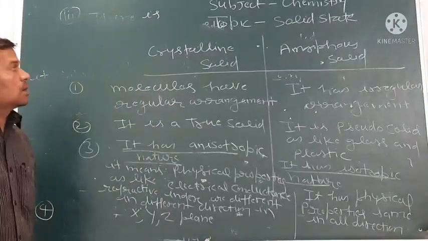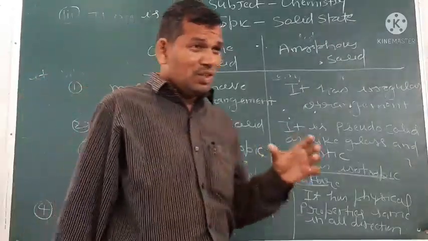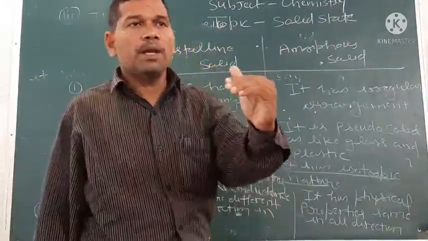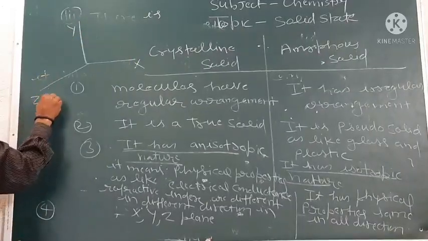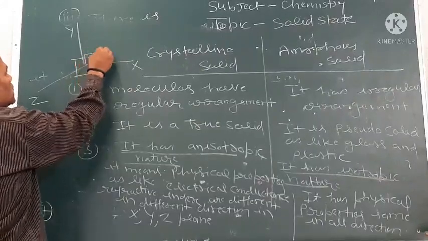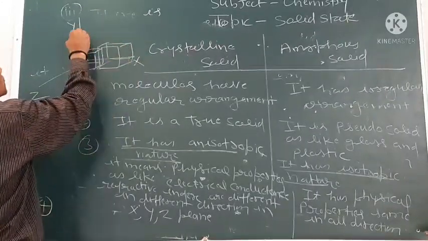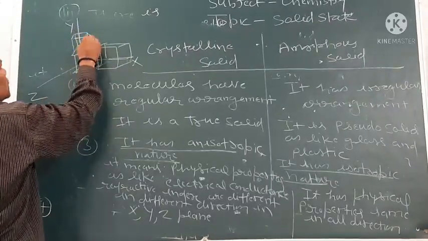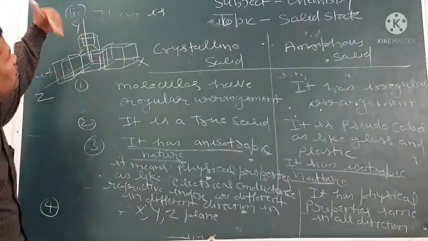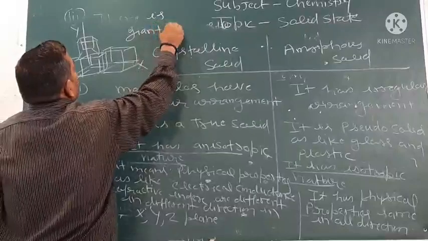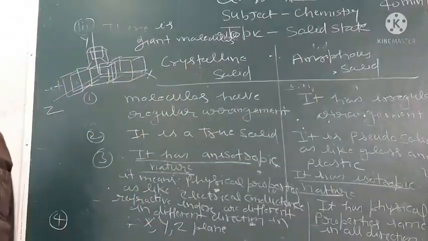A lot of solid molecules combine with each other in the x plane, y plane and z plane, attached with each other in all directions, and become a giant molecule. That is called crystalline solid.